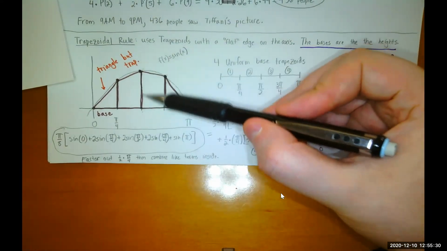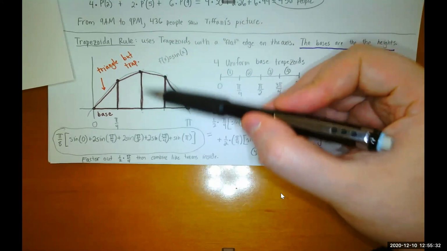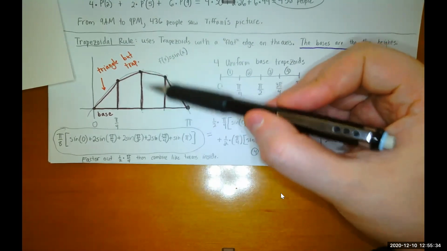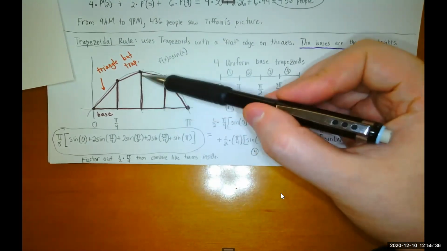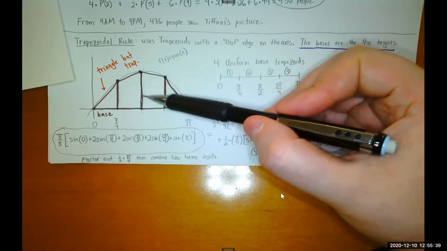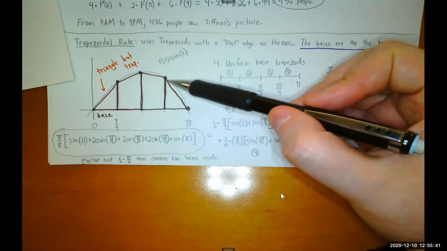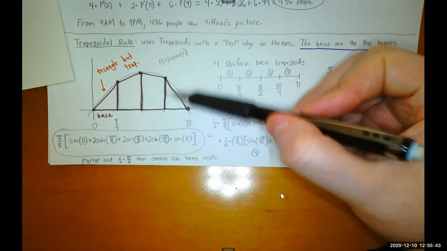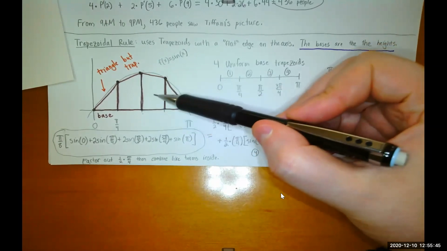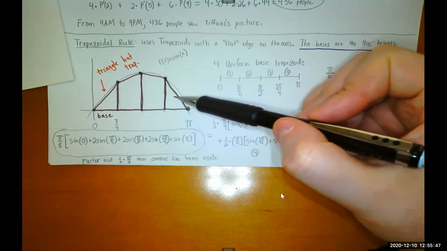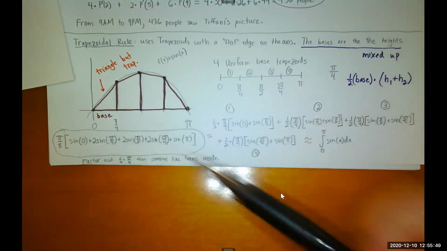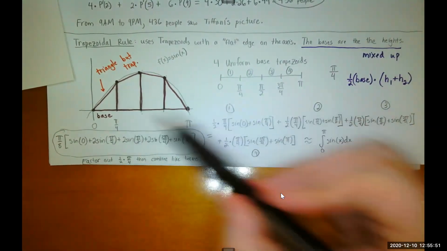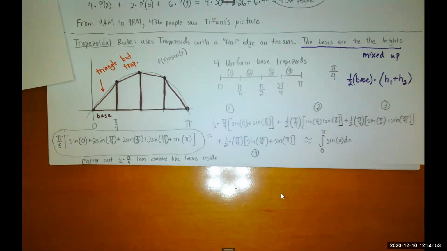The second and third trapezoid overlapped right here at pi over 2. On the right side for the second trapezoid, pi over 2. On the left side for the third trapezoid, pi over 2. The third and fourth trapezoid overlapped right here at 3 pi over 4. The right side for the third trapezoid, the left side for the fourth trapezoid, they overlapped right there. So it makes sense that there should be 2 of those inside ones and 1 of those outside ones.